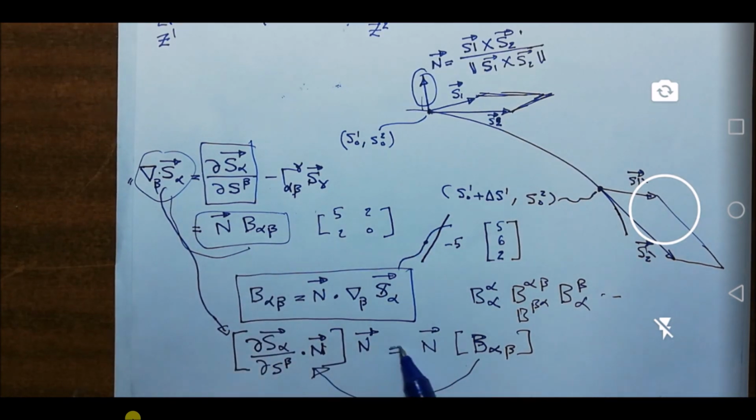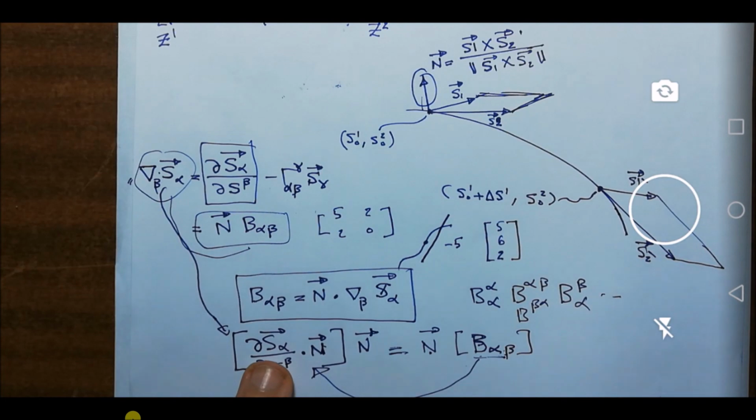And that's why I said that this is the normal vector times some scalar values. In other words, if this is n and this is n, then we have another definition for the curvature tensor B alpha beta. We're saying that B alpha beta is equal to n, the normal vector, dotted with the rate of change of the covariant basis with respect to each of the spatial variables.